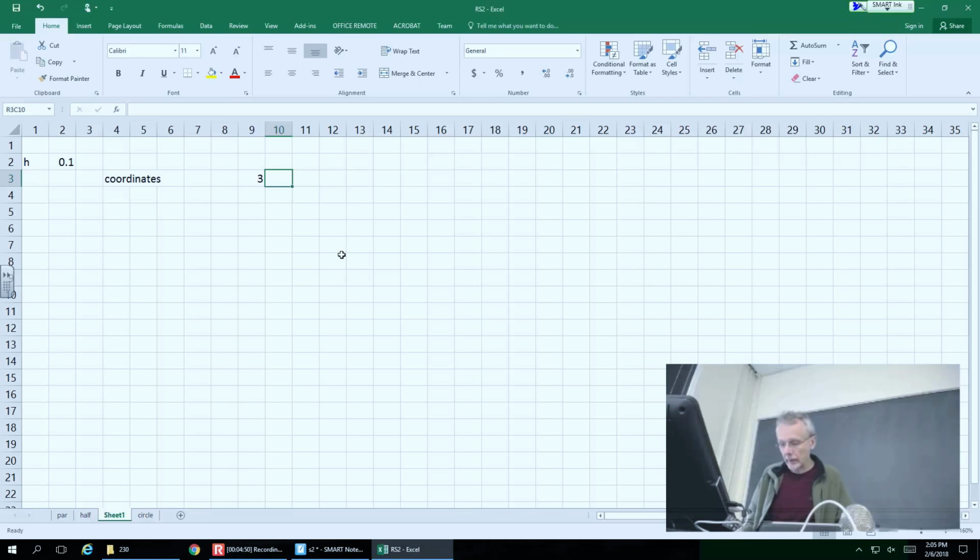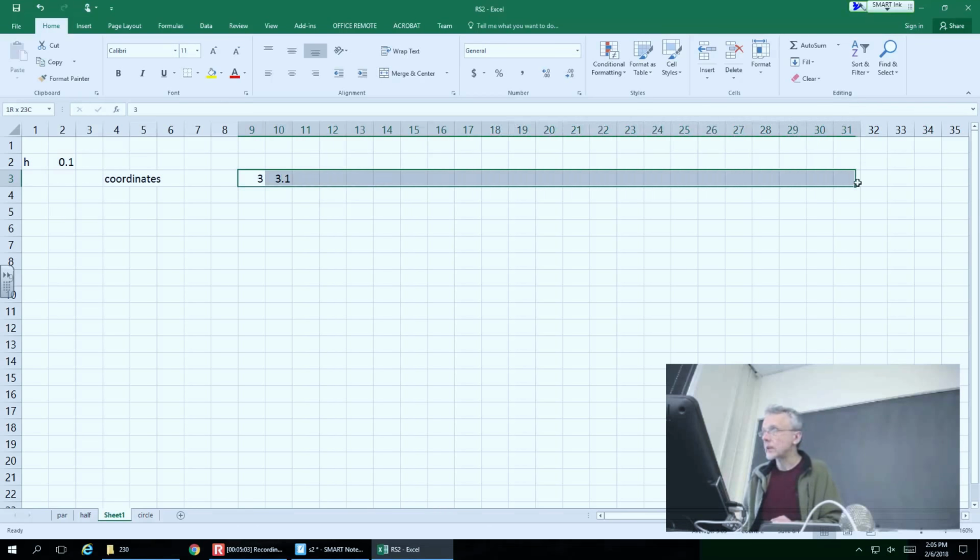So it will be equal to the previous one plus H, which is R2C2. Okay, and then I spread it out as many times as necessary.